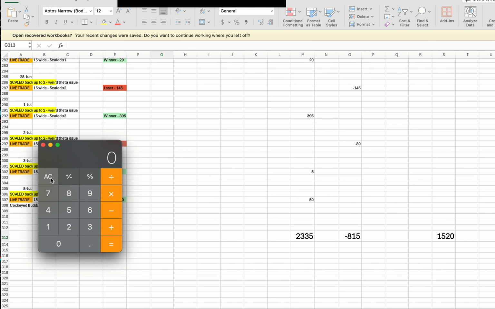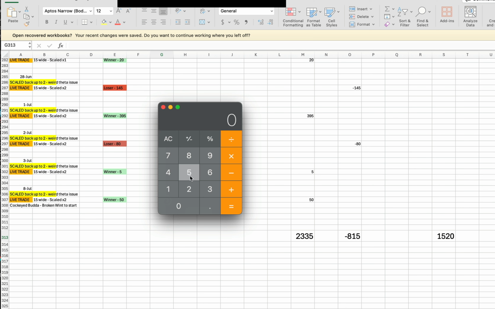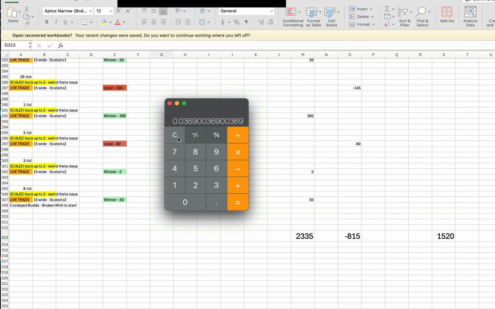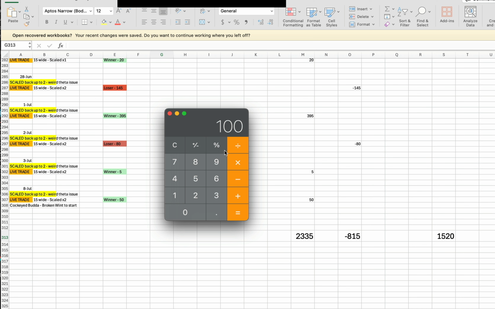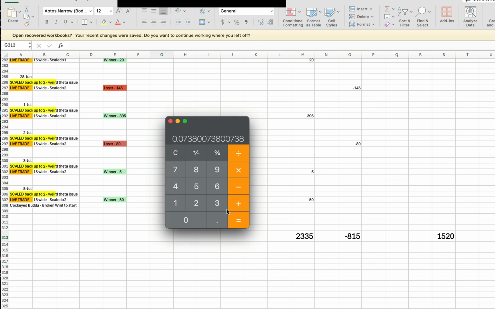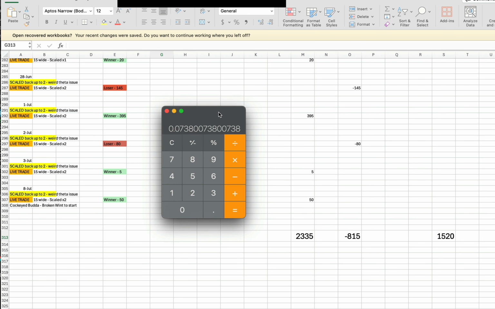We made $50 thanks to me fooling around. $50 divided by 1355, so we made 3.6%. Not too shabby. If we would have made the 100, which we actually did make, and then I ruined it for everybody, it would be 7.3% at 100, which is great for one day. I mean, for a couple hours, come on.